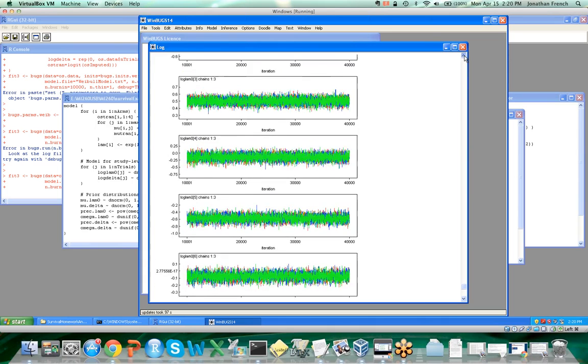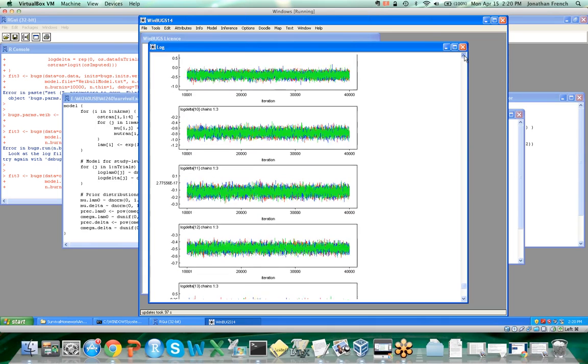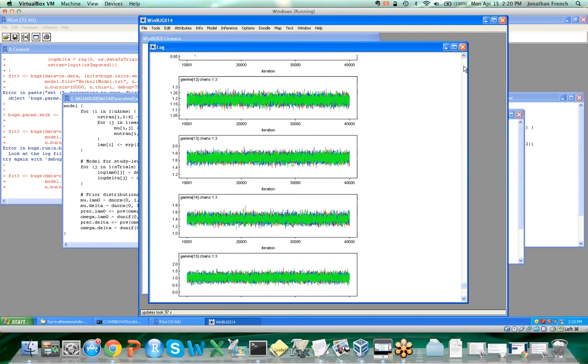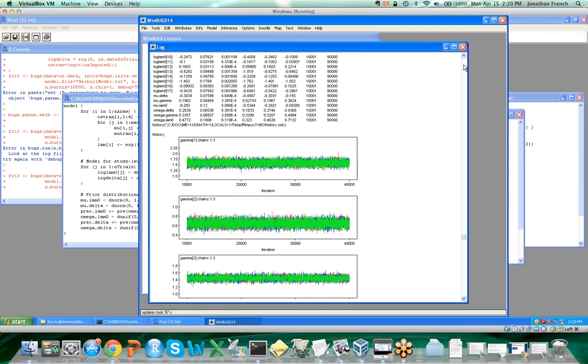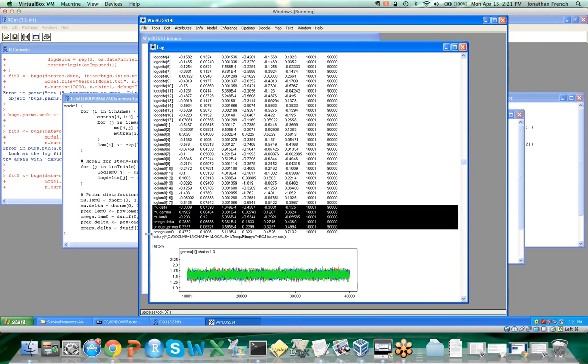So we can see all of these history plots look pretty good. I won't scroll through them all, but I'll send you the code and you can look at them at your own leisure. But we're going to look here quickly at our posterior parameters. We have a mu delta, which is the difference in the event rates.